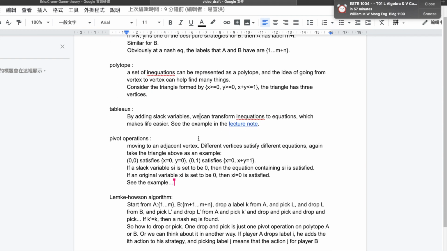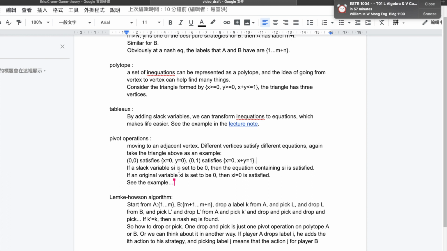And pivot operations. It means moving to an adjacent vertex. Different vertices satisfy different equations. Again, we take the triangle above as an example. (0, 0) satisfies x equals to 0 and y equals to 0. (0, 1) satisfies x equals to 0 and x plus y equals to 1, sorry.